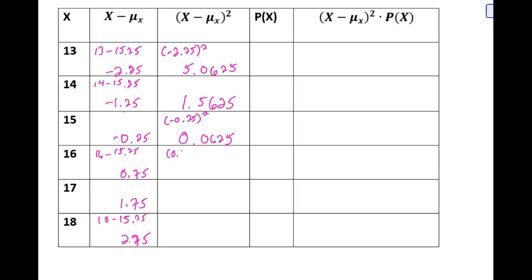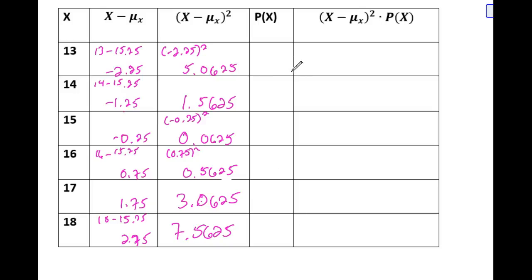If I take 0.75 and square it, I will get 0.5625. 1.75 squared will give me 3.0625. And then 2.75 squared gives me 7.5625.